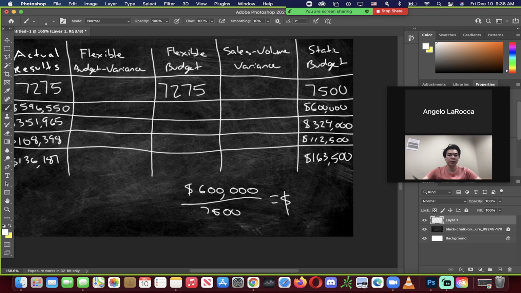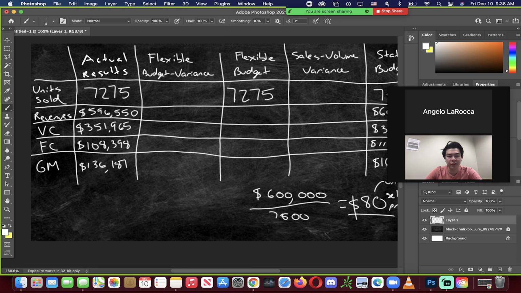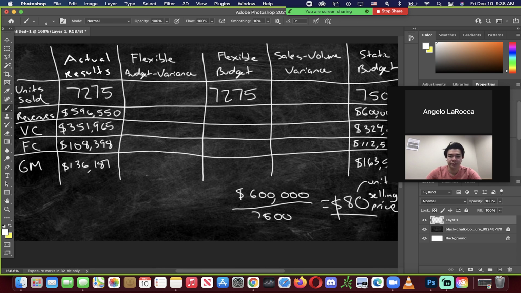Yeah. Okay, cool. So you get 80, right? And this is basically the unit price we're selling it for. So this is unit selling price. And then now we can use this number to multiply it by 7275 to find the new revenue. So 80 times 7275, we get 582,000.